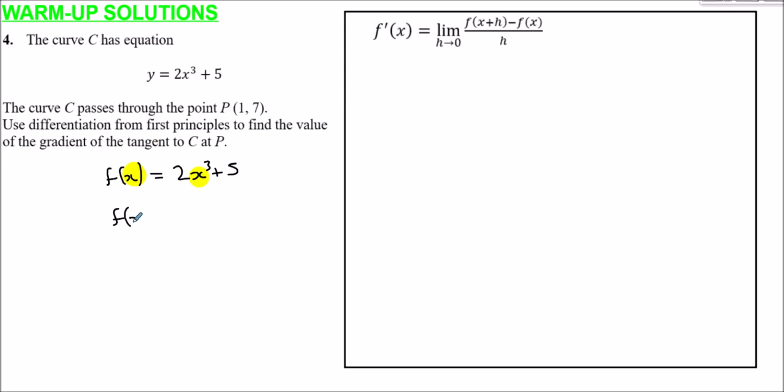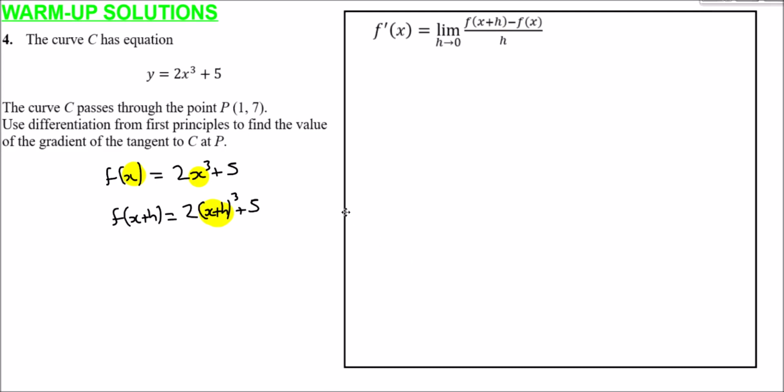So f of x plus h, I'm just going to switch the x for the new input x plus h. Now just as we squared just the x, but all of the x, here we just cube the brackets x plus h, but all of it. So that's our expression for f of x plus h, which we need to use here.